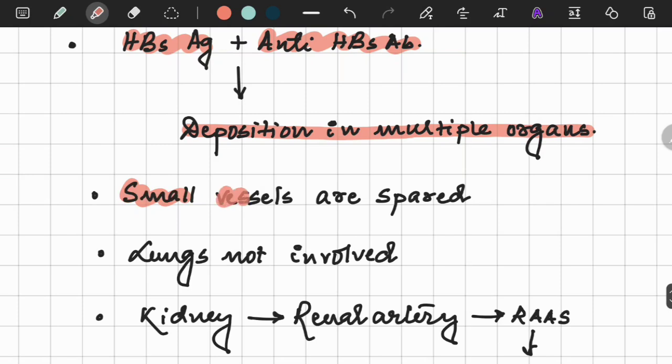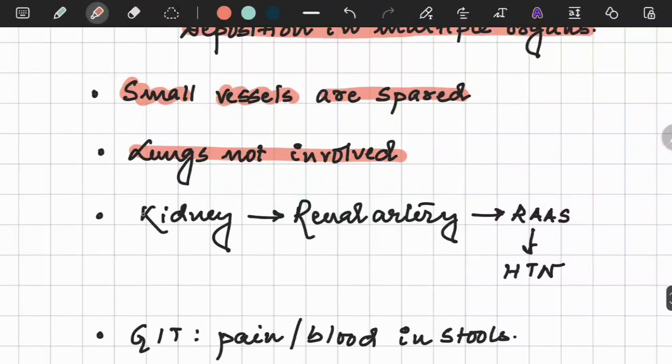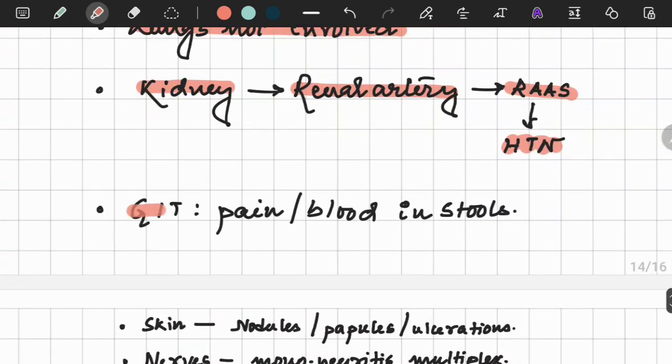So the small vessels are usually spared, and the lungs are not involved as well. When the kidney is involved, the renal artery gets involved, the RAS system gets activated, and there is resultant hypertension. When the GIT is involved, there is presence of pain and blood in the stools, and as you know, blood in stools is known as melena.